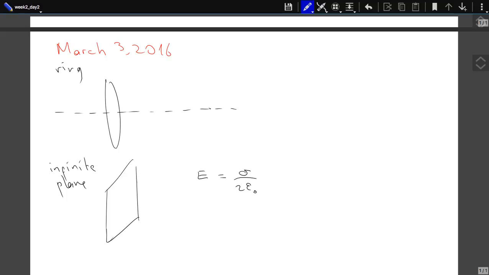Remember the electric field of a point charge. E is equal to 1 over 4 pi epsilon 0 q over r squared in the r hat direction. Q being the charge of my object, r hat is the position vector at which I am evaluating the electric field relative to my charge.